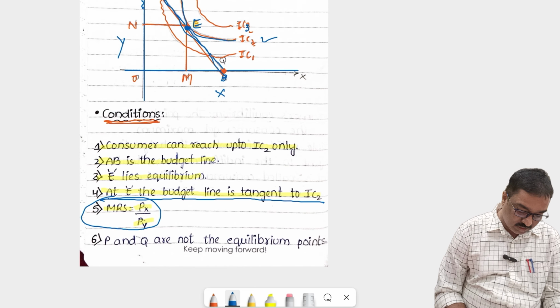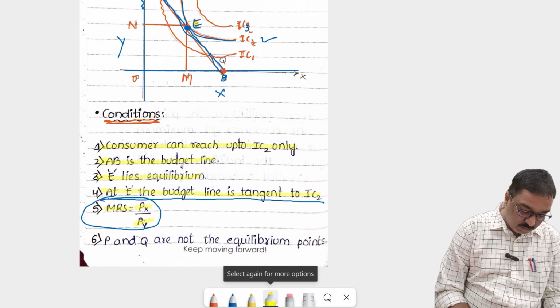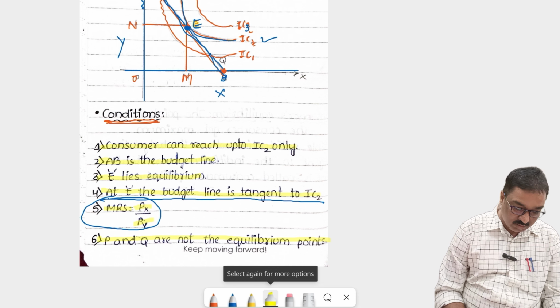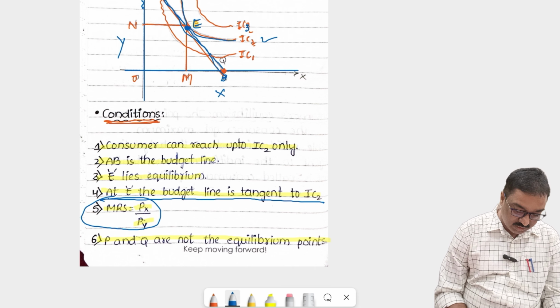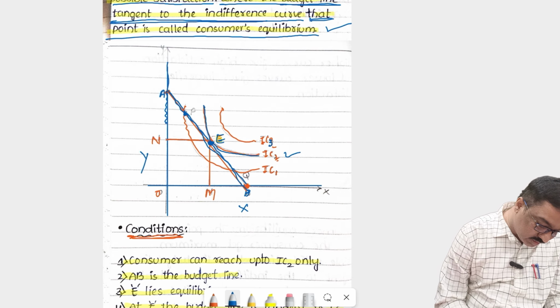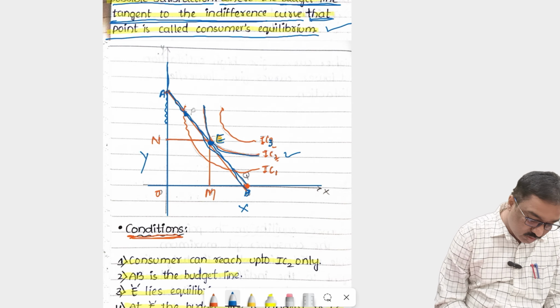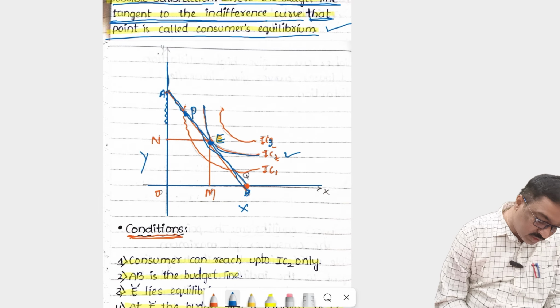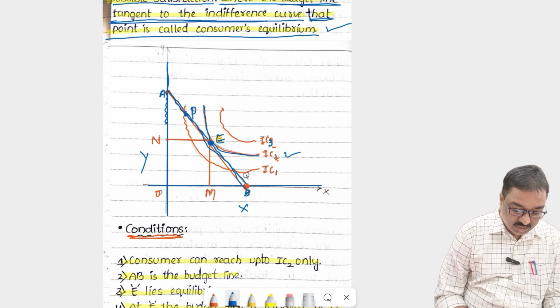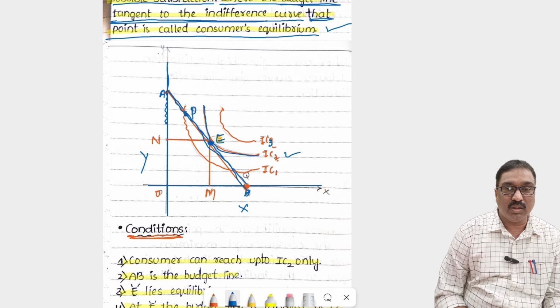And another point, listen: P and Q points are not the equilibrium points. Here the budget line intersects the curve from above to below. This P point is not called the equilibrium point, because the budget line is not tangent to the indifference curve.